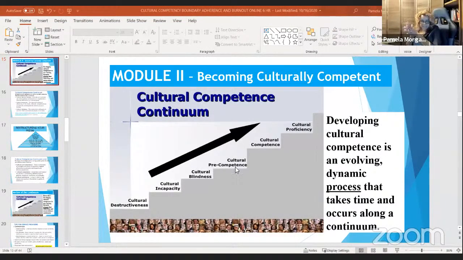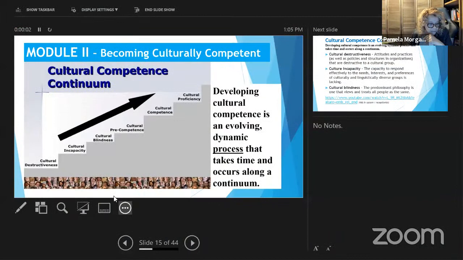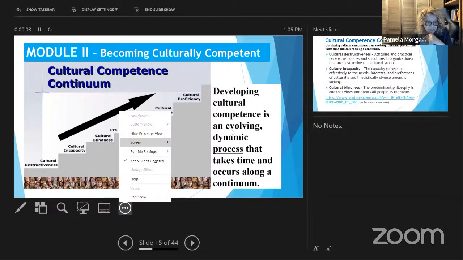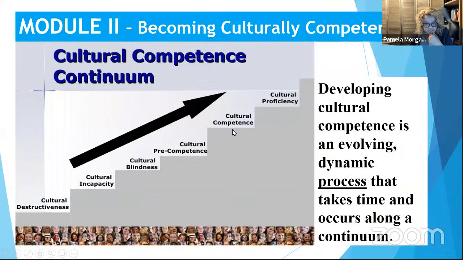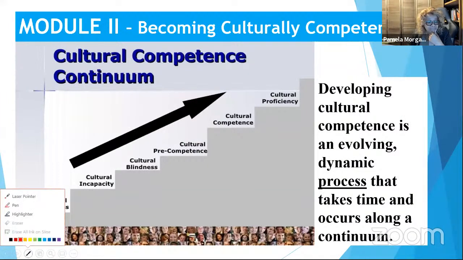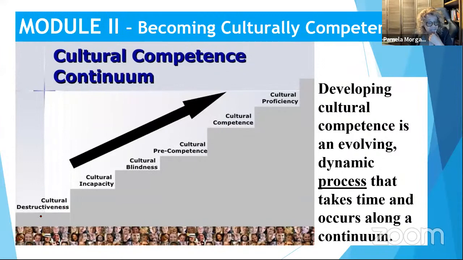Okay, cultural competence continuum, becoming culturally competent. So we've been talking about that throughout the morning. We start with cultural destructiveness, and that we saw a good demonstration of in the video, where the receptionist was just oblivious to the needs of the client and the cultural differences between her culture and the client, the patient's culture.